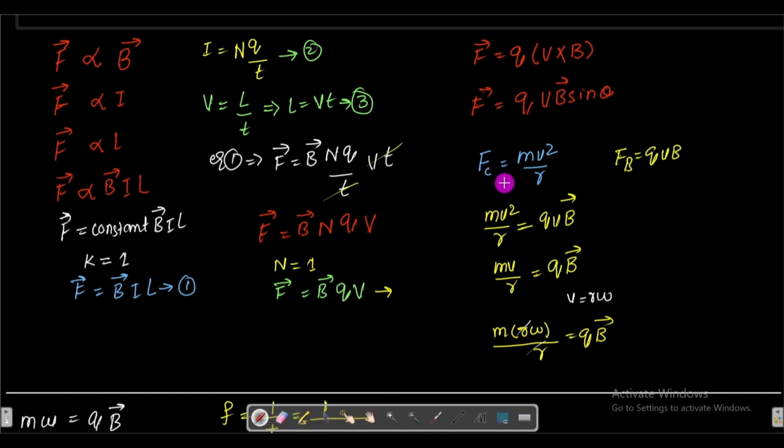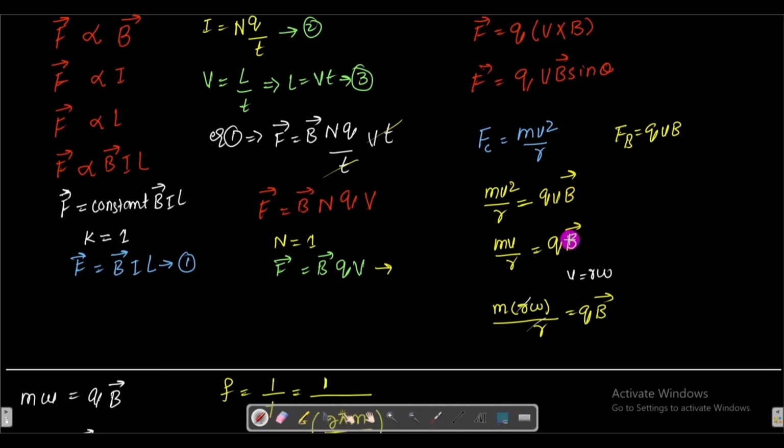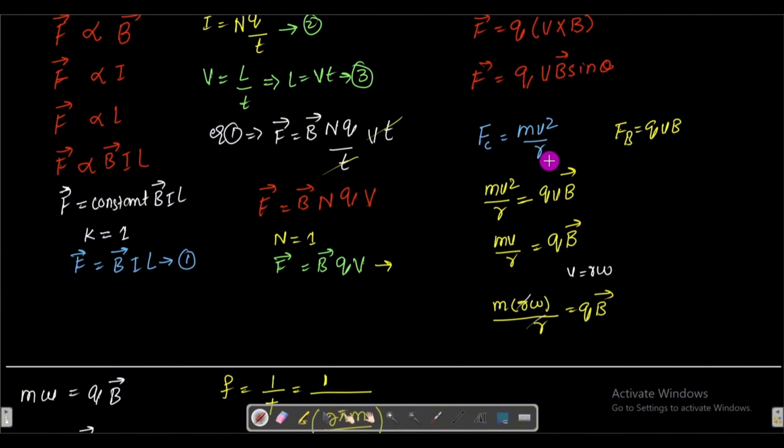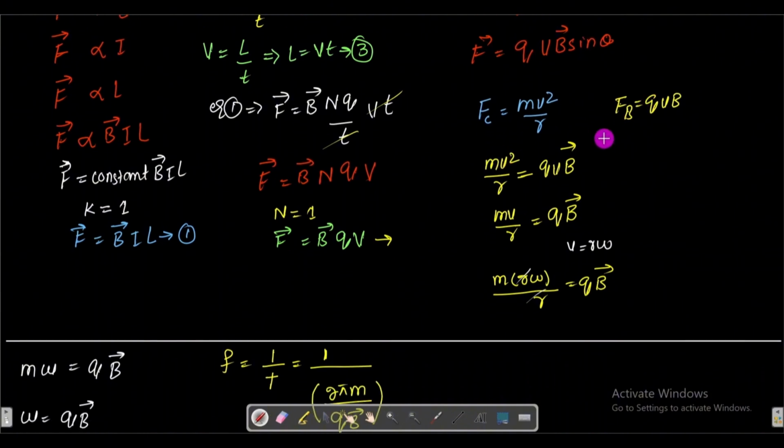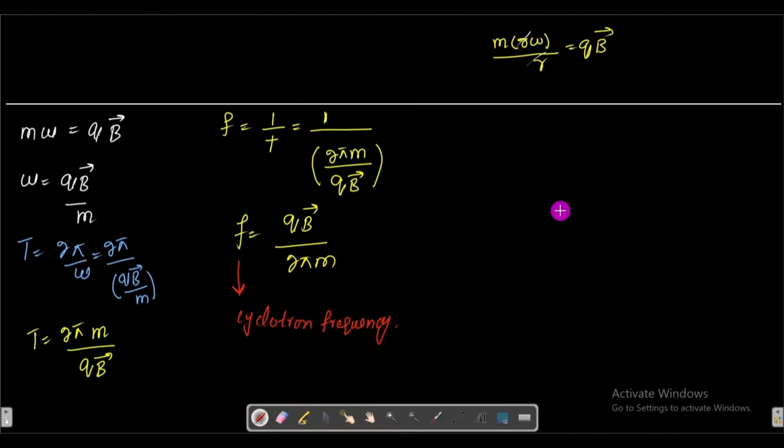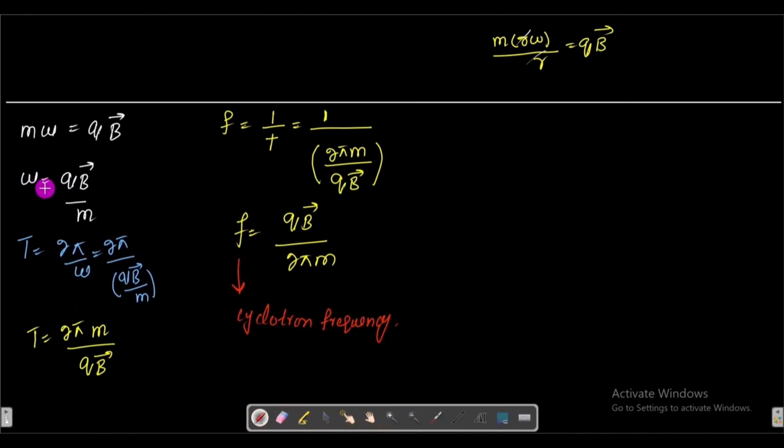So here the concept of the centripetal force comes into the picture. This force is responsible for the centripetal force, so I equalize these two equations. From here we find the omega, and from that we find the time period.